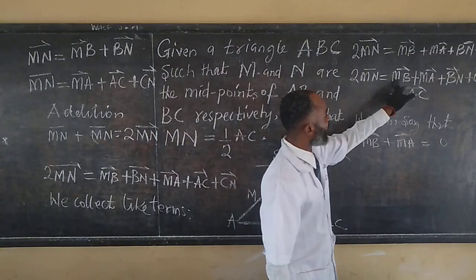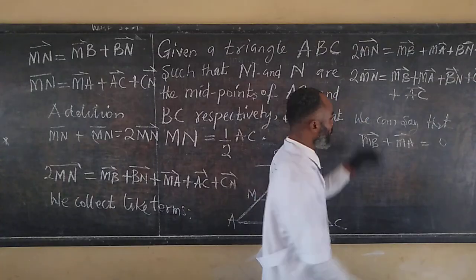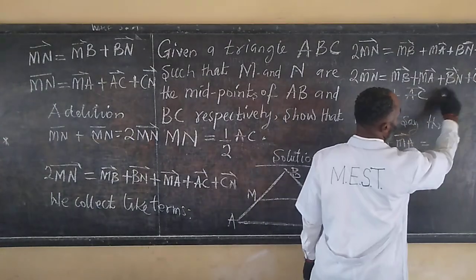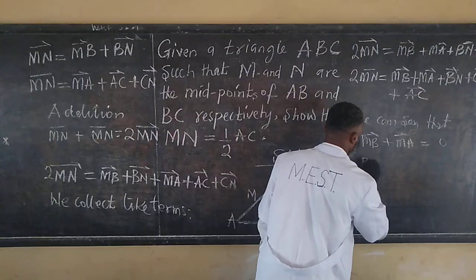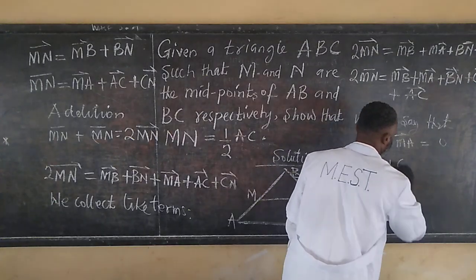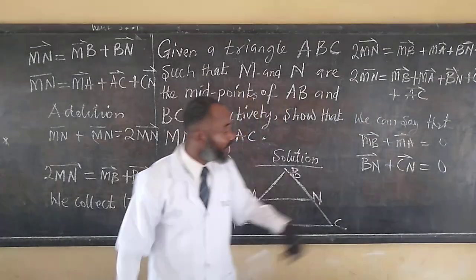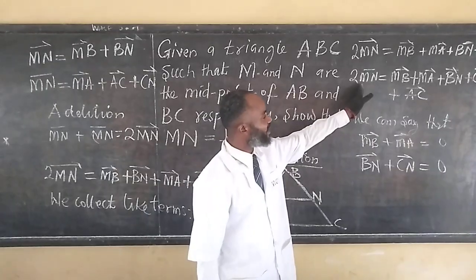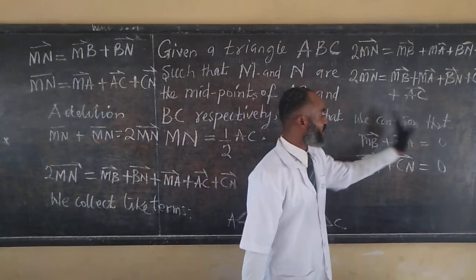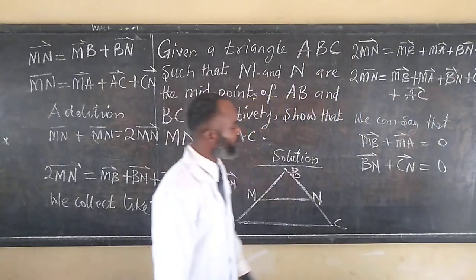Then take BN and CN: line BN plus line CN is also equal to 0. So they are all equal to 0.